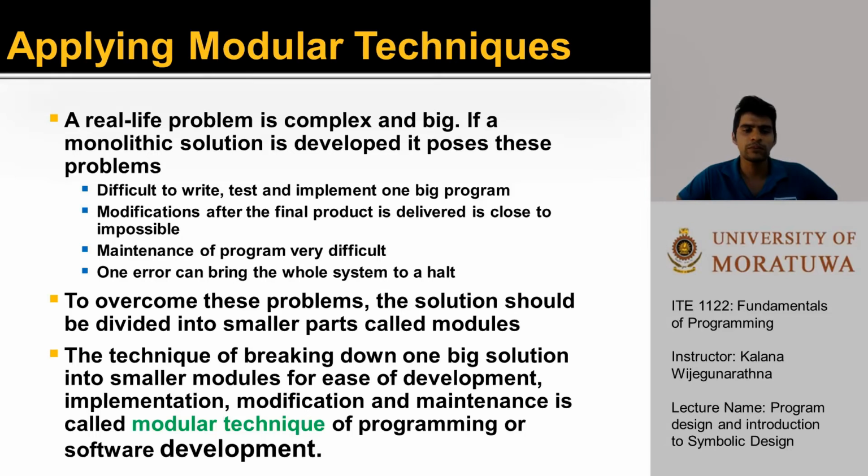To overcome these problems, the solution should be divided into smaller parts called modules. The technique of breaking one big solution into smaller modules for ease of development, implementation, modification, and maintenance is called the modular technique, or modular programming or software development.